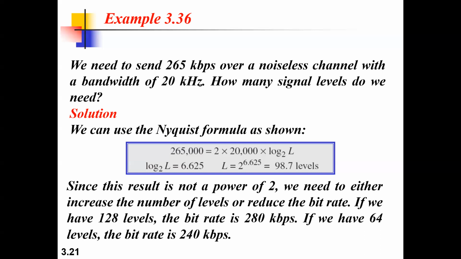So 2 times 20,000 is 40,000 times L. 265,000 divided by 40,000 gives 6.625.